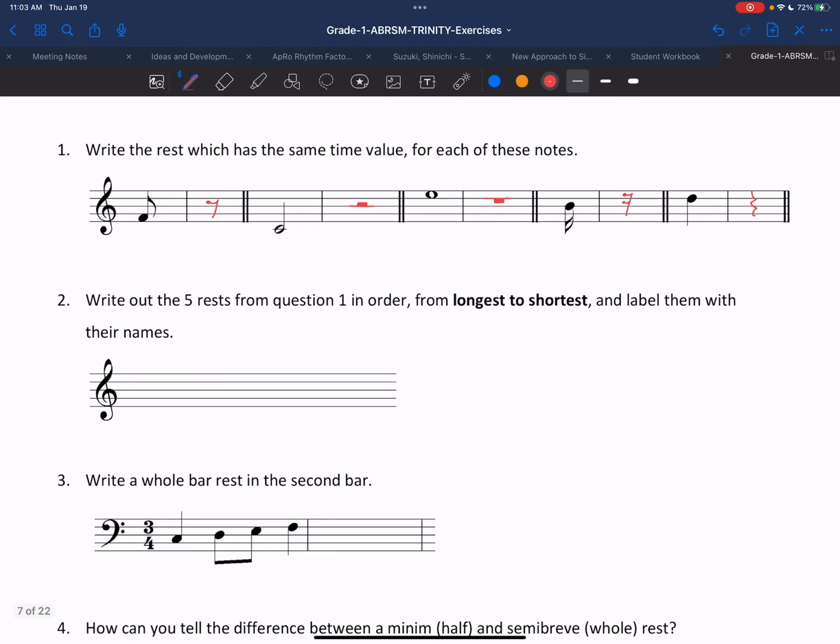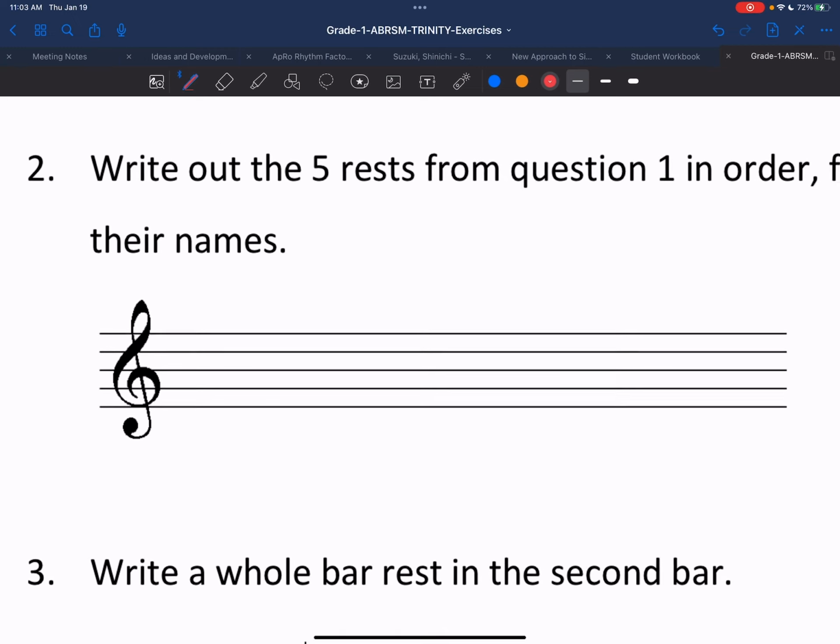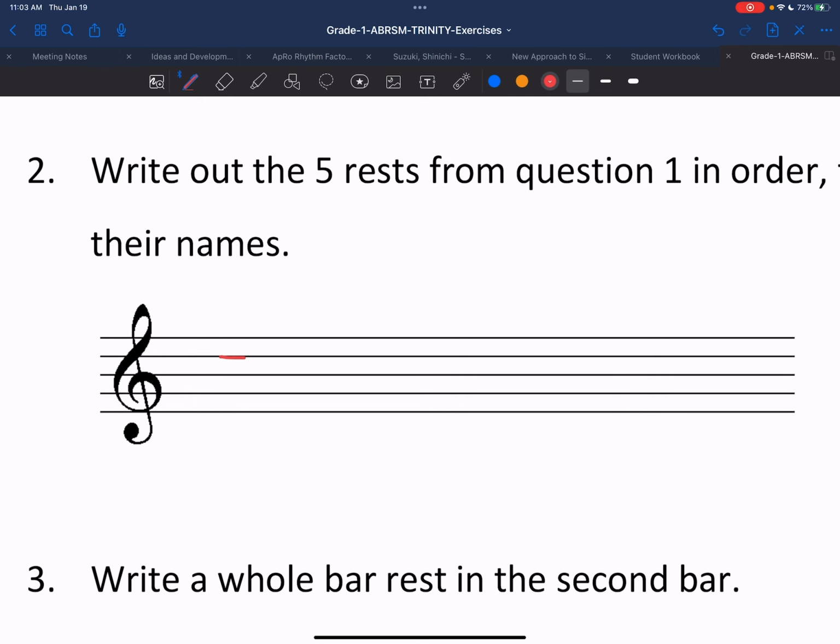Then it says, write out 5 rests from question 1 in order of longest to shortest. So we start with the whole rest. Then we write the half rest. Then we write the quarter rest.